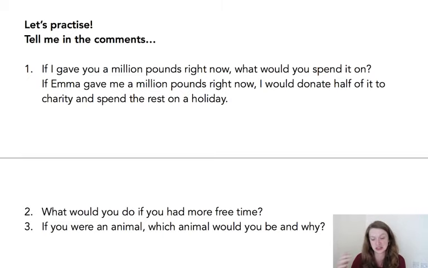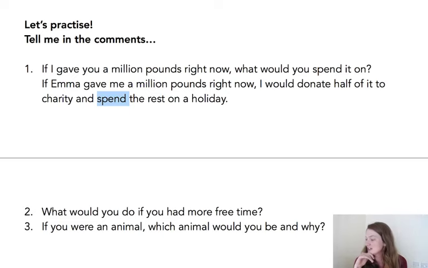For example, this isn't what I would actually do, but it's just an example so you can see the structure. So you've got the subject, I would, and then the base verb: I would donate half of it to charity and spend the rest of it on holiday.